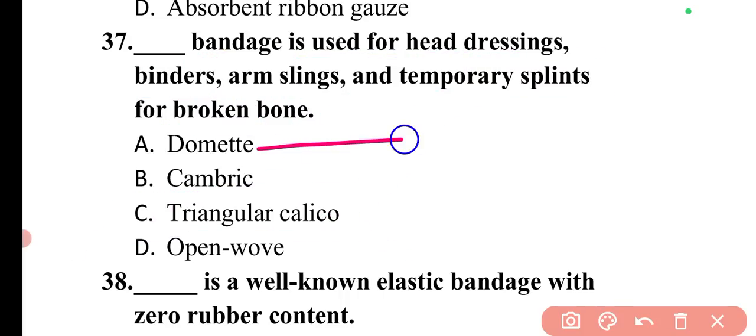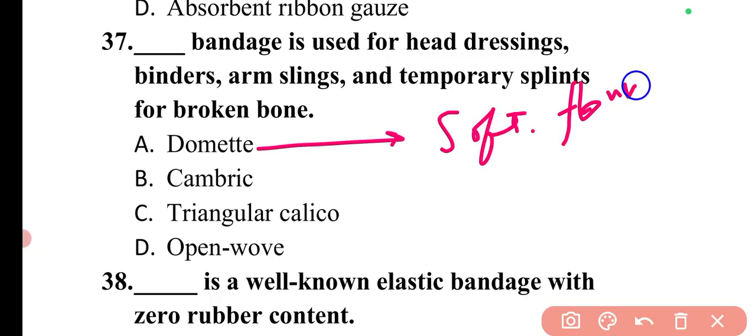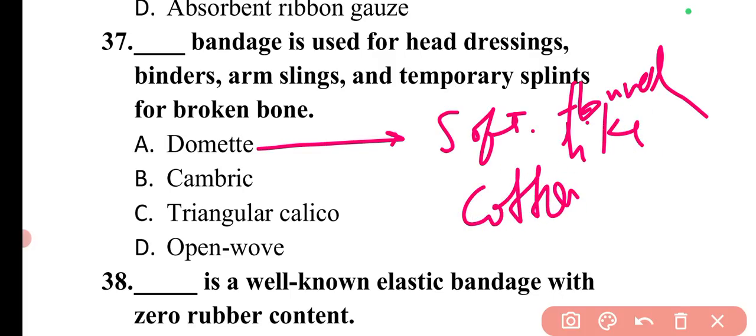If I'll talk about domet, so domet is a soft and flannel-like fiber. It is typically made from cotton or cotton blend and it has a textured surface and it is generally used for comfort and warmth.